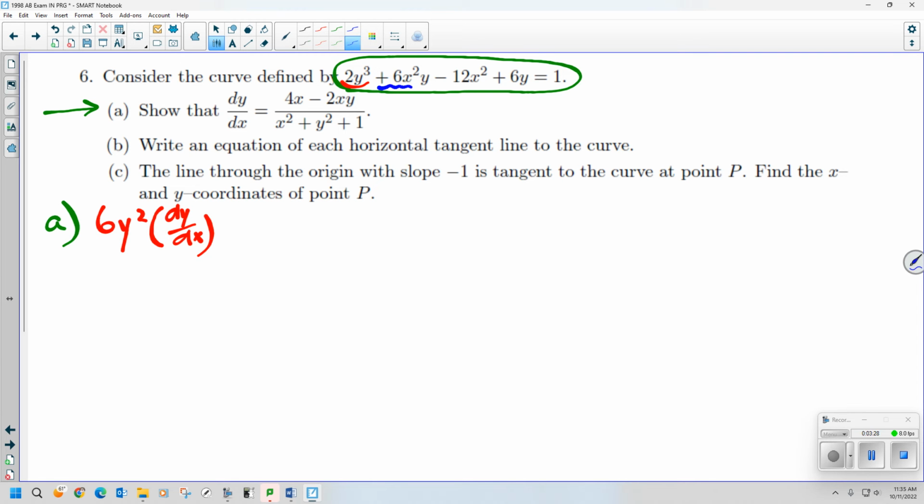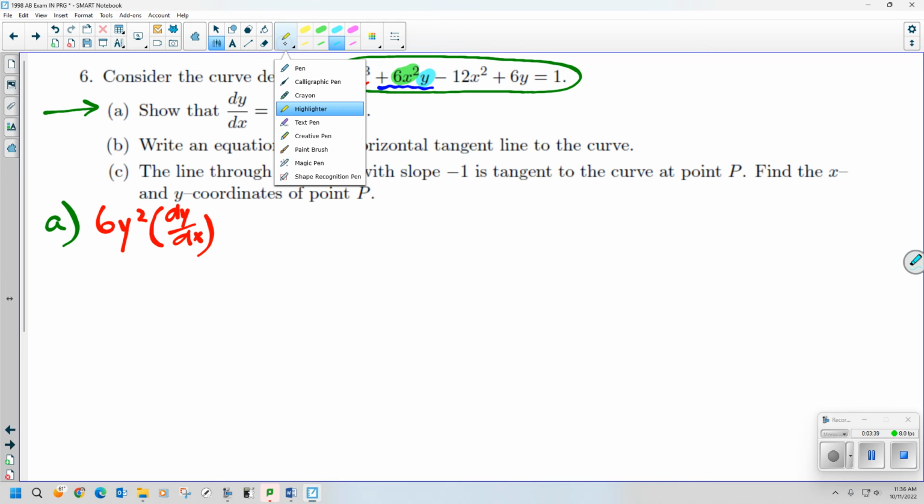This next term is a product rule. First term is 6x squared. Second term is just a y.